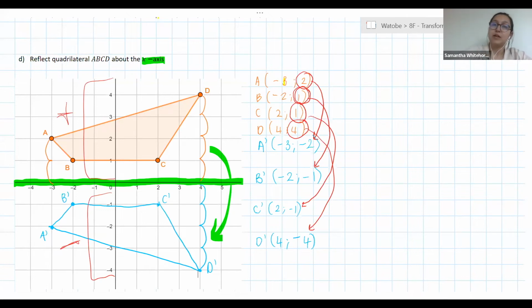If I'm reflecting about the y-axis, the x-coordinate sign is changing. We are going to reinforce that over the years as we go along, so it's important to start noticing these relationships. But as long as you know how to do this reflection, that will go a long way when we eventually start talking about these relationships again. Okay, so again, take your screenshot if you need.